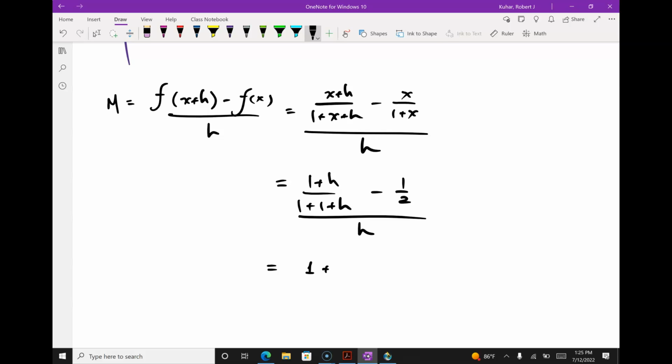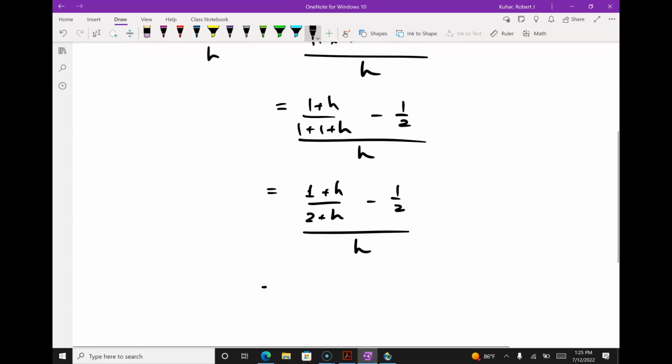I get (1 plus h over 2 plus h minus 1/2) all divided by h. I'm going to call that star.